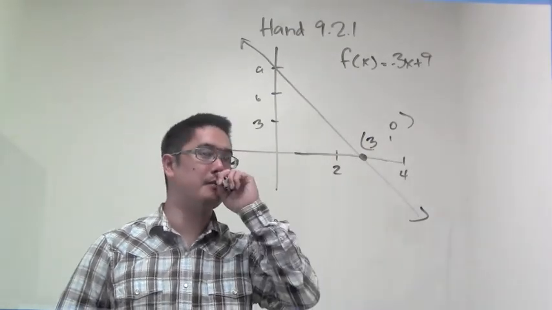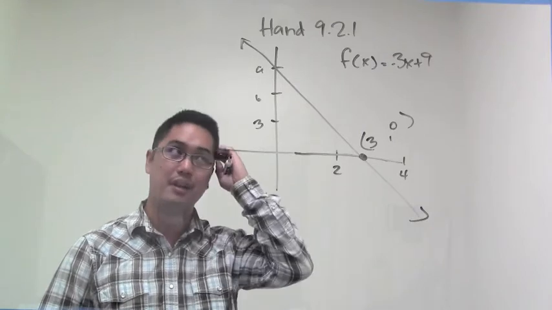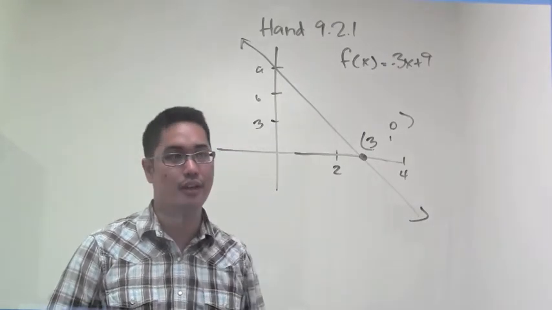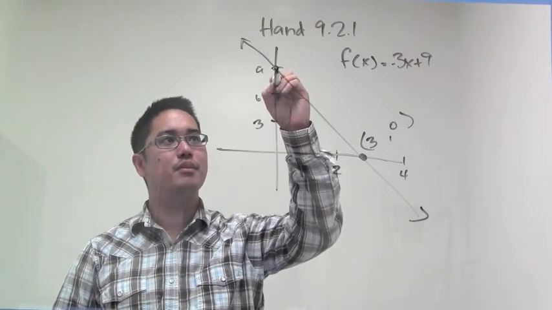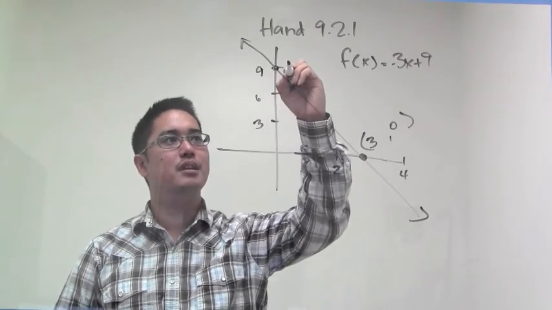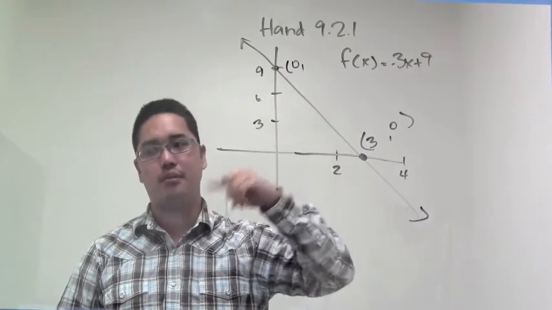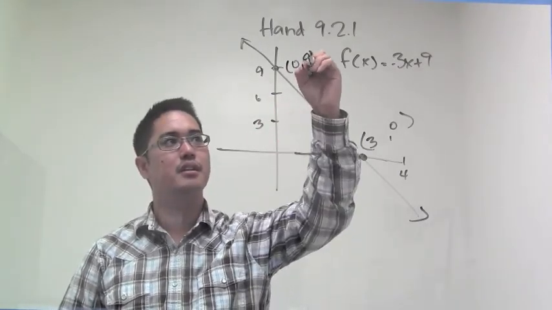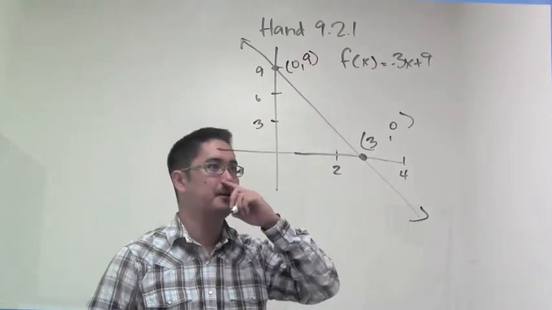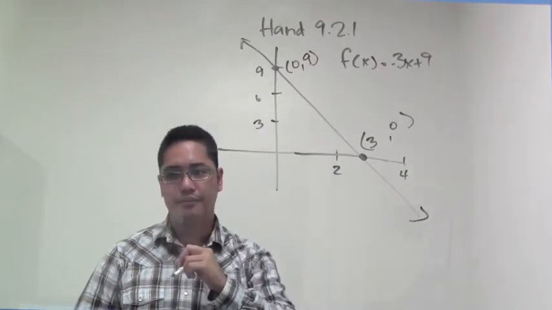There's a good way to check that, and I'll show you guys how to do it. It might be going ahead of schedule, but I don't think it's that bad. The y-intercept looks like right here, so that would be 0, comma some number, and that number looks like it's 9. It looks like it goes up to 9. There we go. I can check that as well.